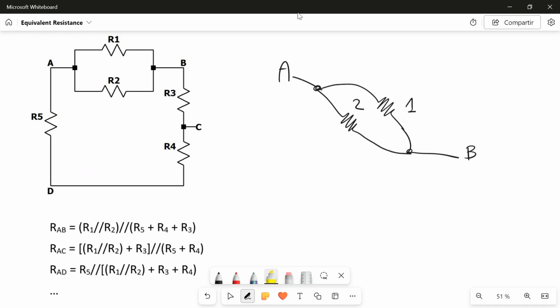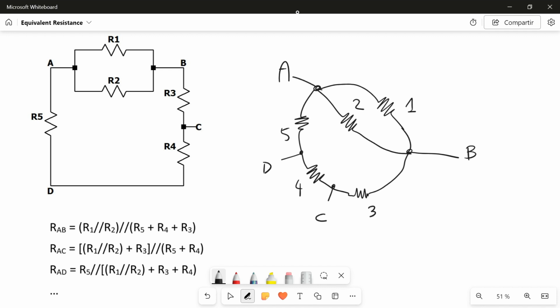So basically I have R5, R4, and R3, and then B. I have C and D here, but I don't care about them.